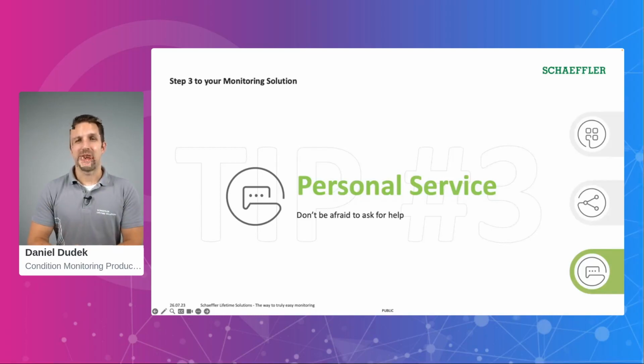it's really relying on the expertise of certified and accredited service providers like Schaeffler Lifetime Solutions can be a game changer, because you can then get their experience and knowledge. This can greatly contribute to your success.